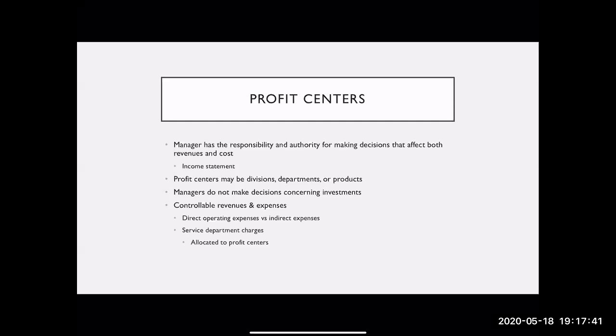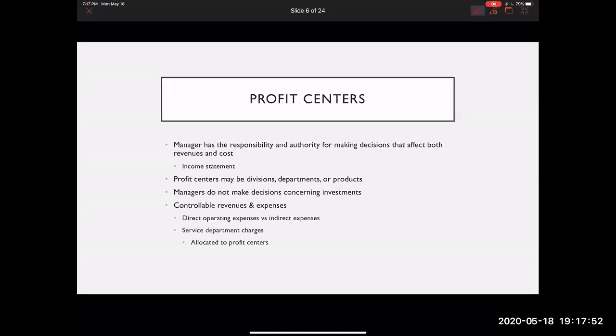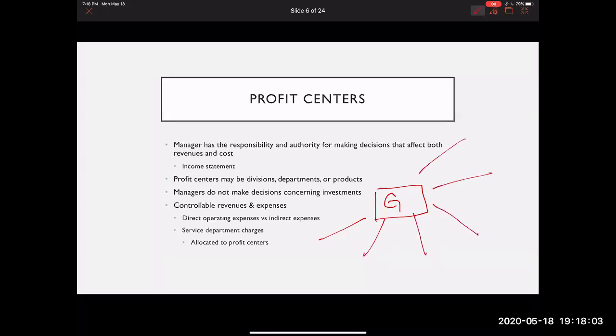Remember when we said in the very first video that when you have a decentralized organization, this is the entire company, the general company, but then they have all of these different branches located all around the country. In most of them, they're all going to have a sales team. I can guarantee you that.